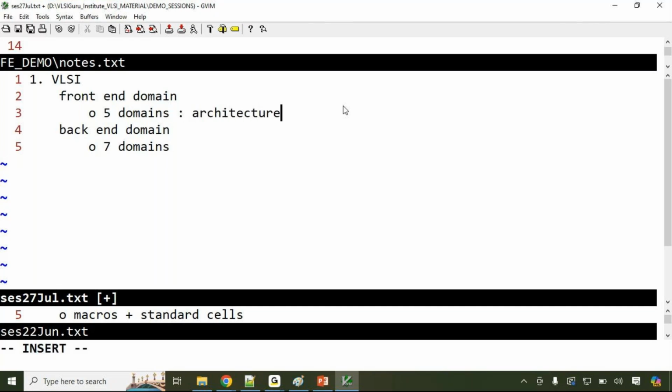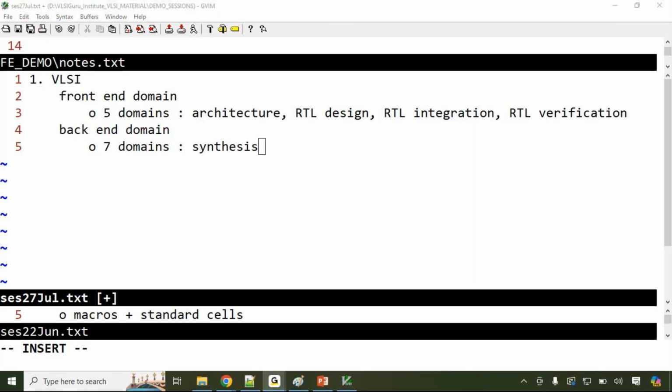Then we do RTL coding, RTL design, RTL integration, and RTL verification. Similarly, in the back-end domain also, there are multiple domains, which start from synthesis, physical design.